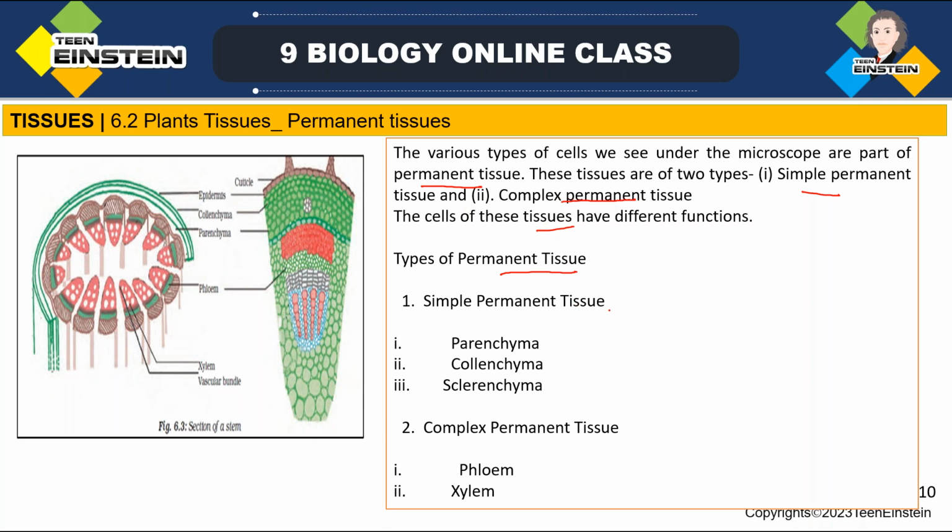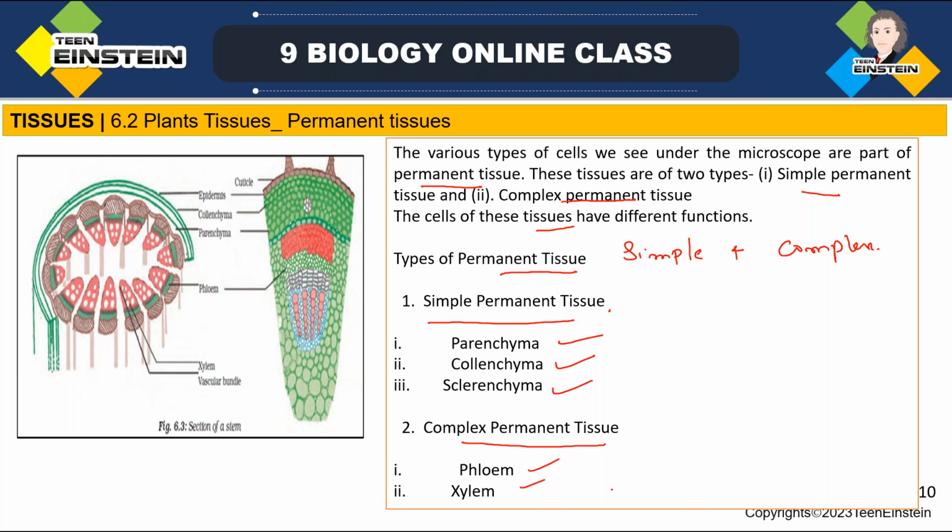So here different types of permanent tissues are there, simple and complex. In simple permanent tissue, you can see parenchyma, collenchyma and sclerenchyma. These are called simple permanent tissue. And the complex permanent tissue, you can see phloem and xylem.